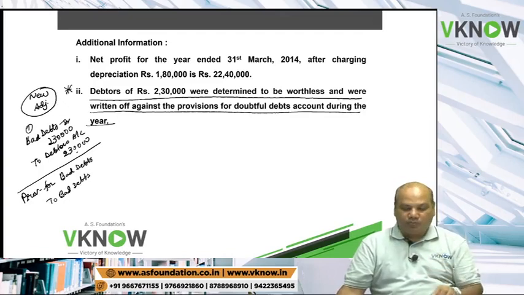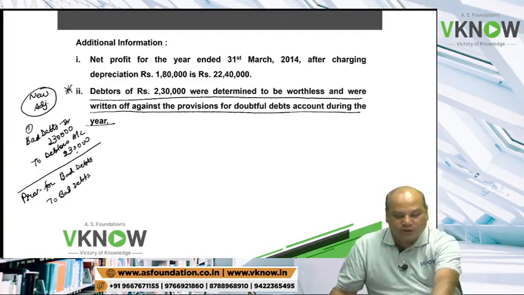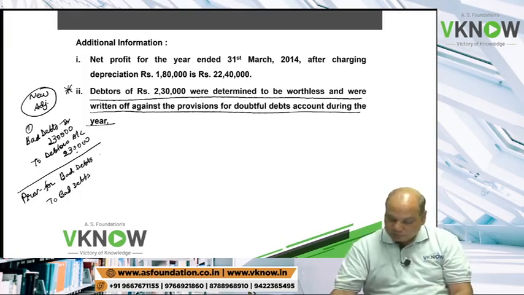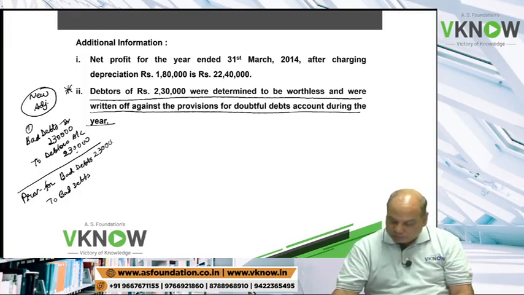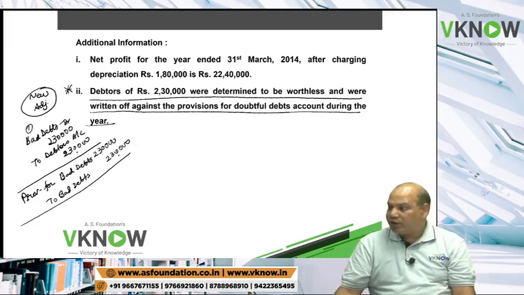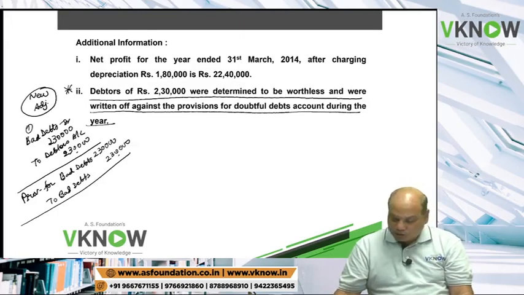That if any bad debt takes place, then the provision for bad debt is used for writing off bad debt. So the second entry will be provision for bad debt account debit to bad debts account. So these two entries the company has passed.